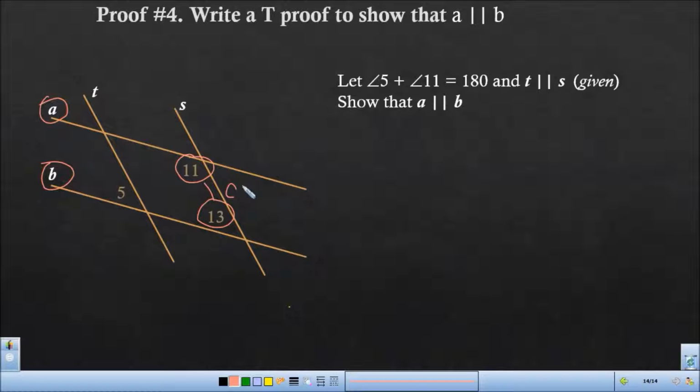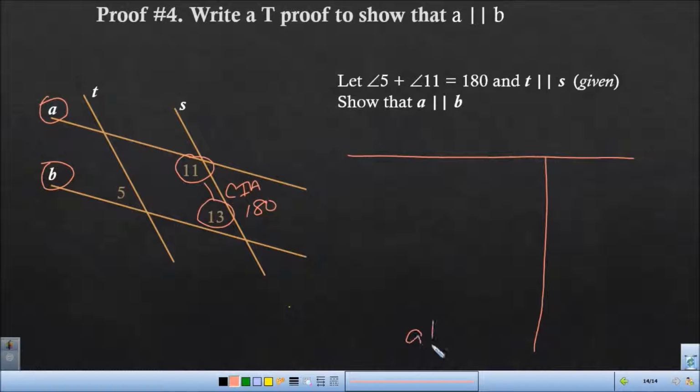Notice how they are consecutive interior angles. They have to sum to 180. So at the end of my proof looks like this. A is parallel to B. Why? Well, because angle 11 plus angle 13 needs to be equal to 180. And that allows me to use the converse consecutive interior angles theorem.